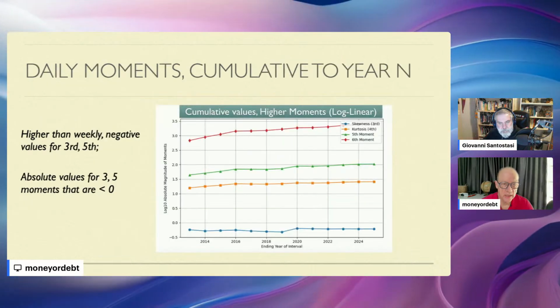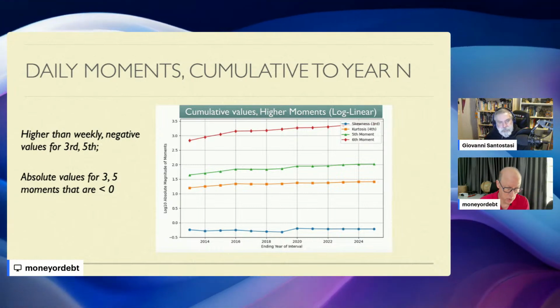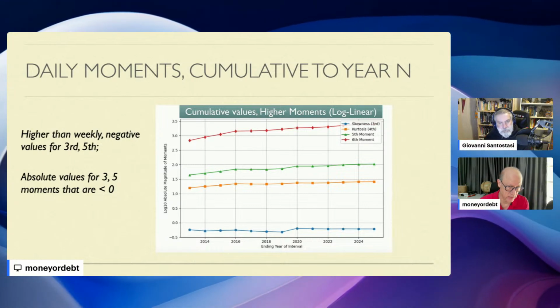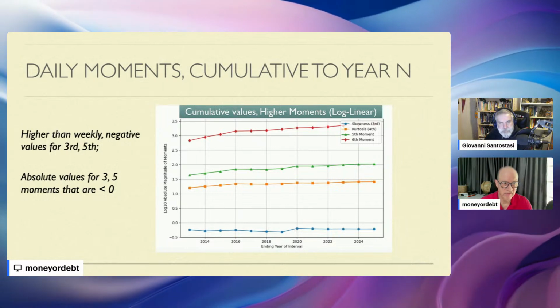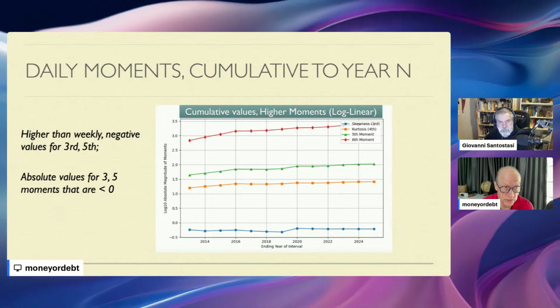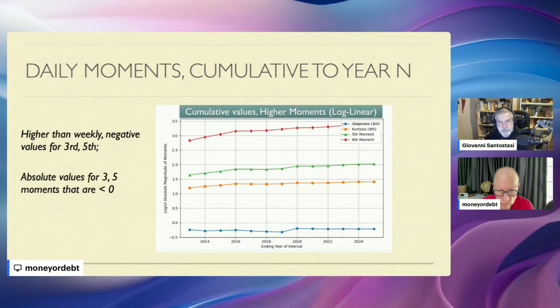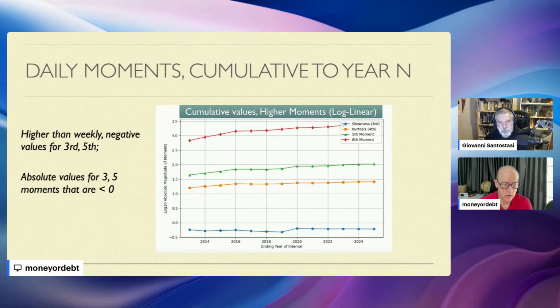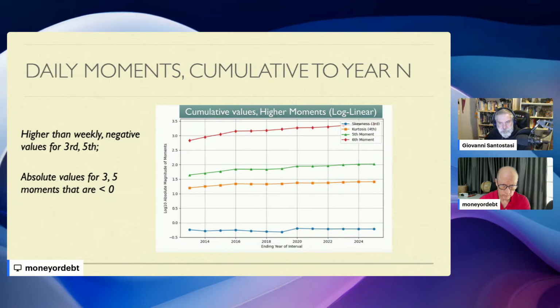This is a plot of what those look like if you just take part of the data set and then add another year and another year. So it's the cumulative values for the higher moments, the third through sixth moment, starting from a few years of data all the way up to the full 15 years or so.